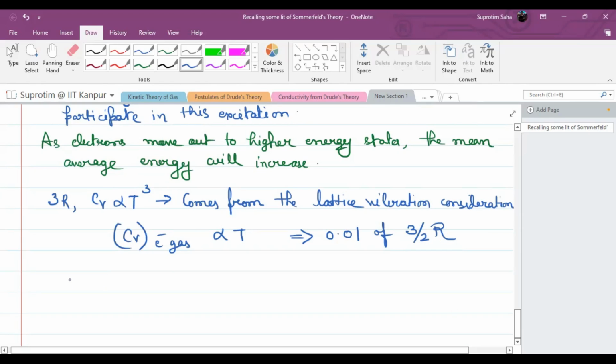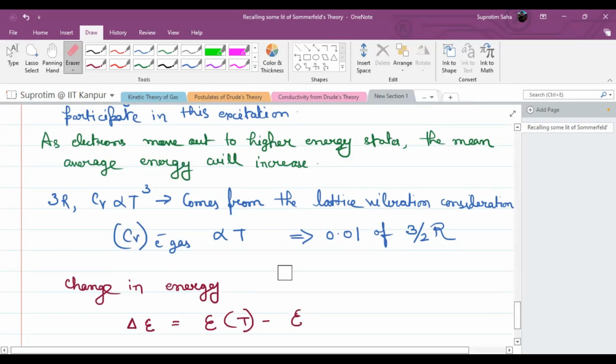So the change in energy, delta E, will be given by epsilon at T minus epsilon at T equals 0.